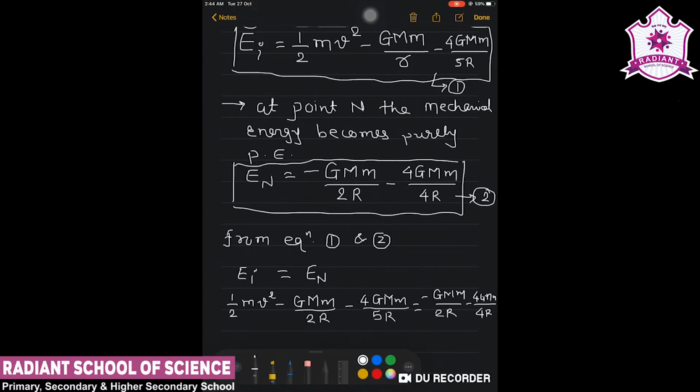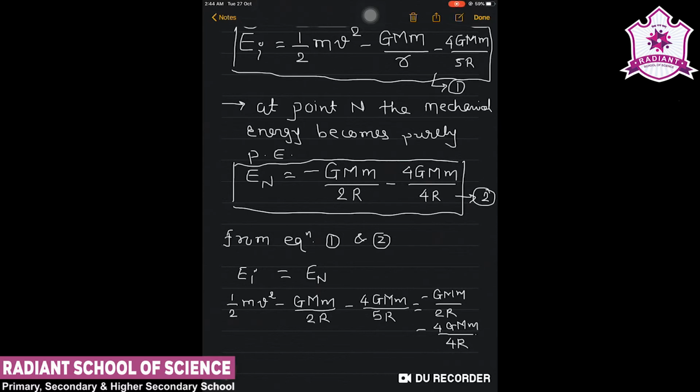Here I have to change the equations, that is minus 4G M small m over 4r.